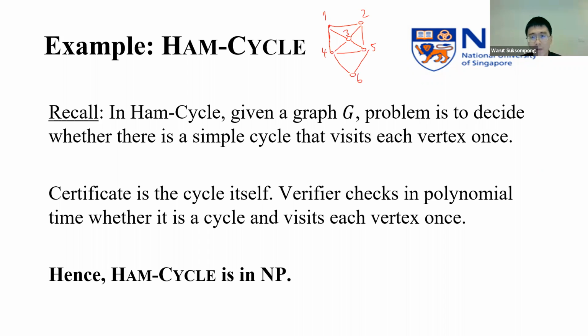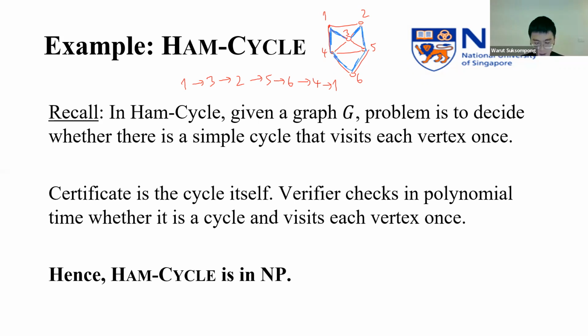Again, for Hamiltonian cycle, there's no known polynomial-time algorithm. But if you just want to verify that this is a yes instance, I can show you the certificate, and that's the cycle itself. I can tell you, go in this order: 1, 3, 2, and then 5, 6, 4, and then back to 1. You can follow this in the graph: 1, 3, 2, 5, 6, 4, 1.